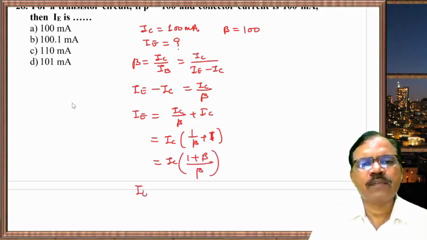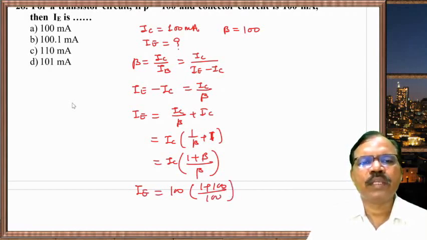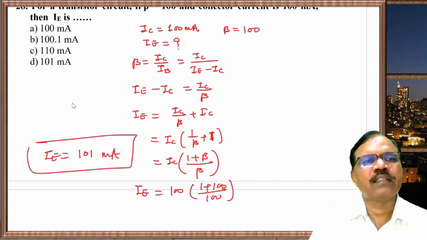So IE will be equal to 100 milliampere into (1 plus 100) upon 100. The 100 upon 100 gets cancelled, so we get 101 milliampere. This is the emitter current. So the last option is correct.